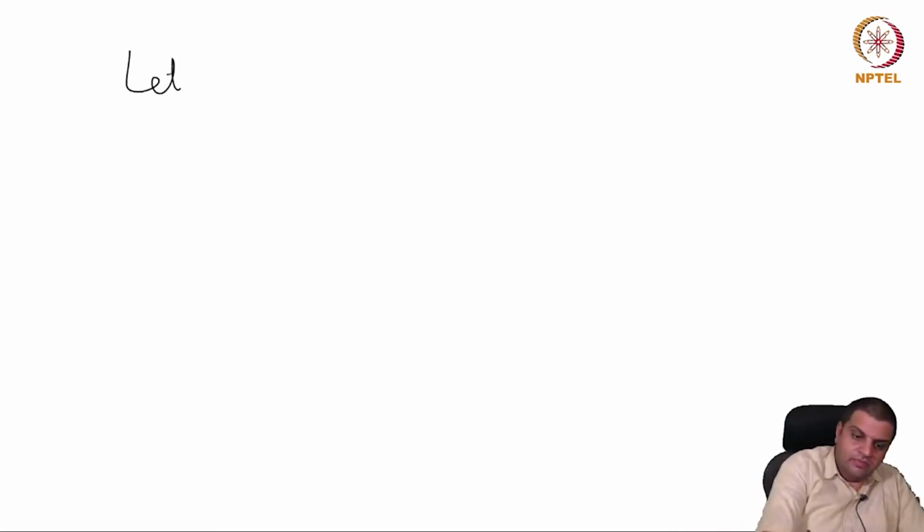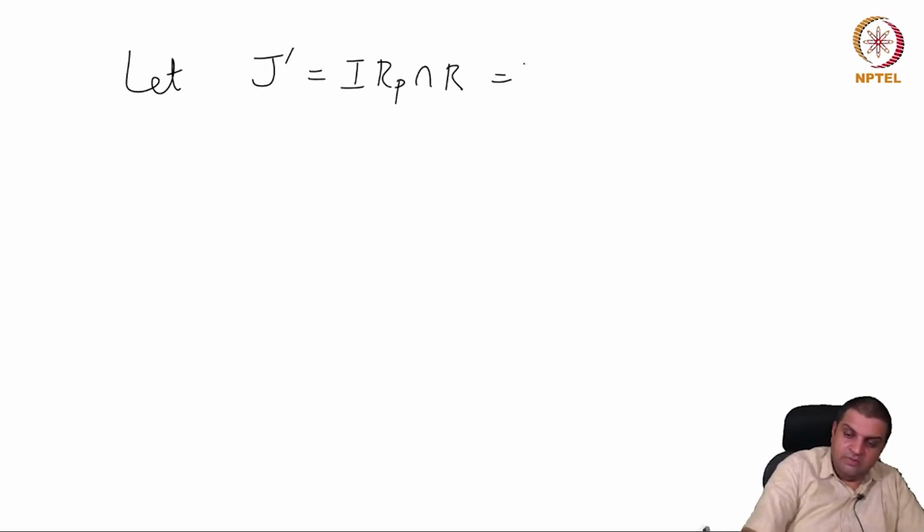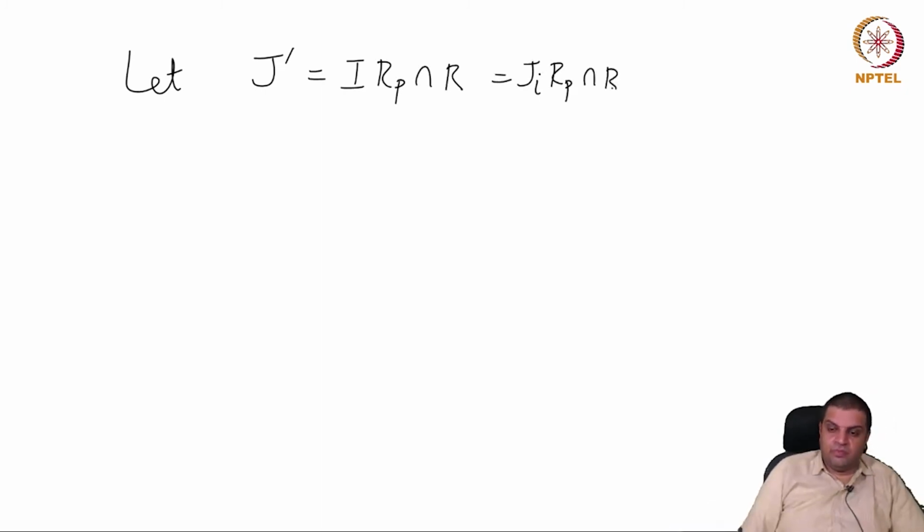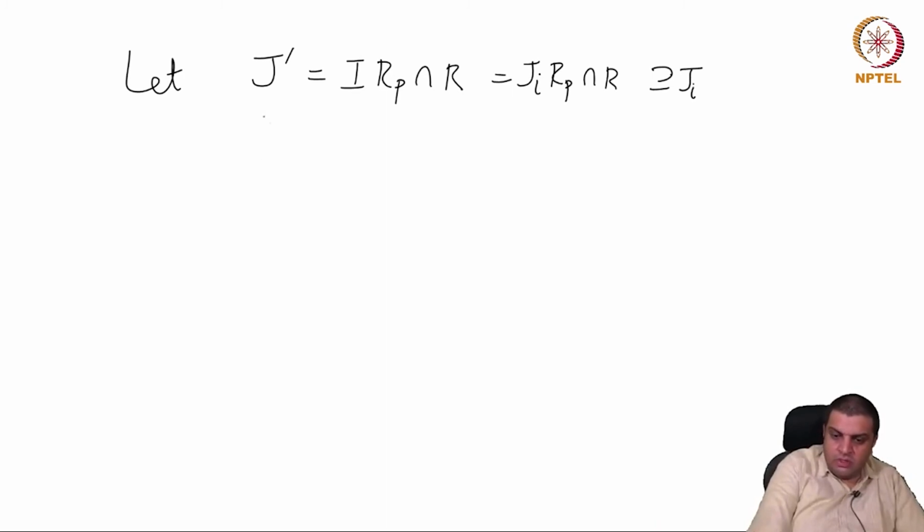So let J prime be I R localized at P contracted to R, which is also Ji R_P contracted to R. Now, in principle this could be bigger than Ji. But what kills this?